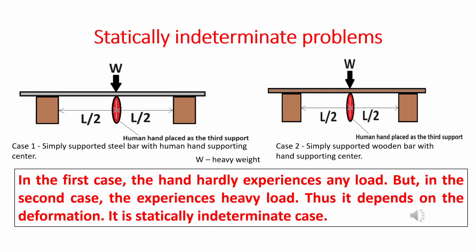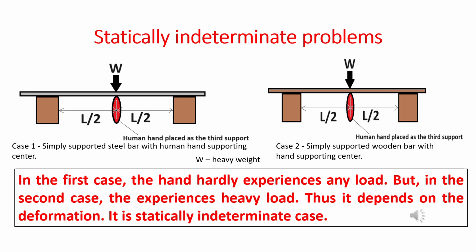Now let us come to the second case, that is the statically indeterminate loads. Here I'm comparing two setups. On the left you have a steel bar placed on simple supports, and the red thing that I'm showing you at the center below the load is representing the human hand.